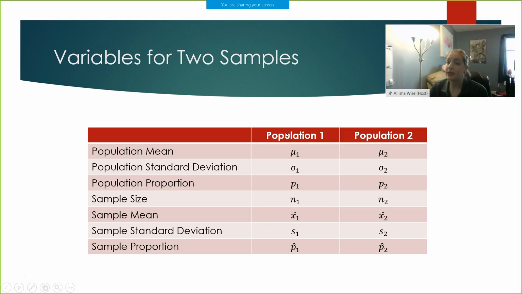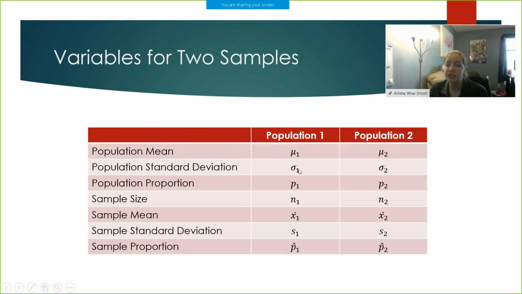So let's look at population 1. Population 1 is going to have a mean, mu1, which refers to the population mean of population 1. Whereas population 2 is mu2, the population mean in group 2.